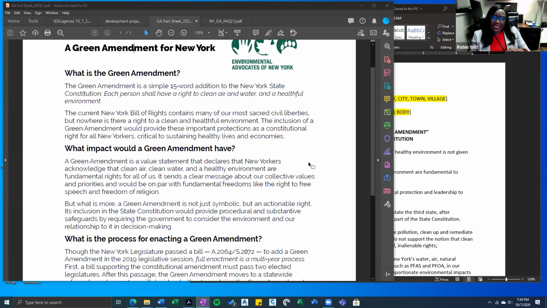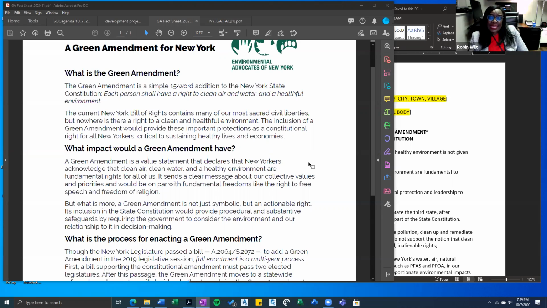It would elevate the notion that clean air, clean water, and a healthy environment are inalienable rights inherent to all human beings.